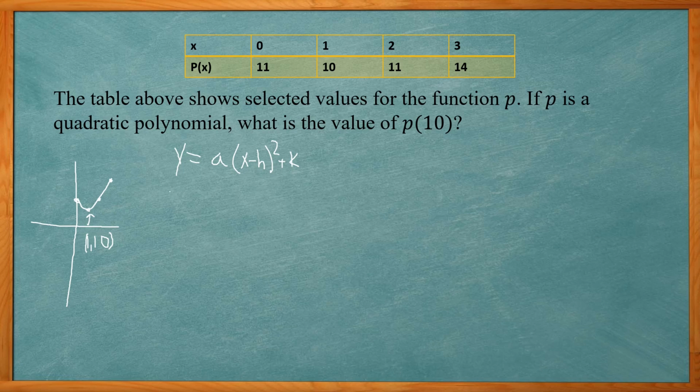So we can plug in our vertex: y equals a times x minus 1 squared plus 10. And we can go ahead and plug in one of the other points that we know. We know another point is 0, 11. So we can plug that in to solve for our a. So we get 11 equals a times 0 minus 1 squared plus 10.